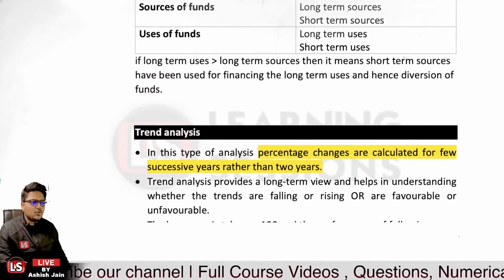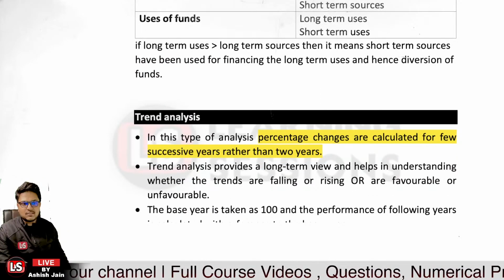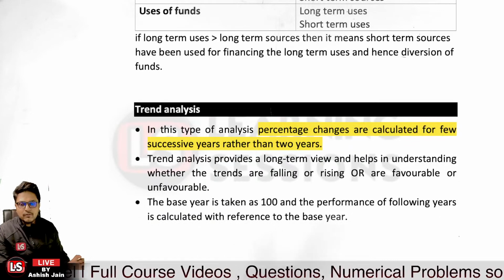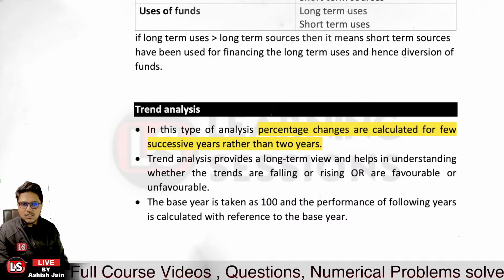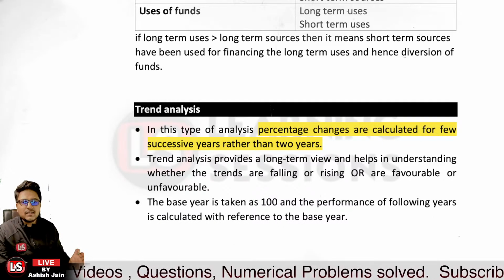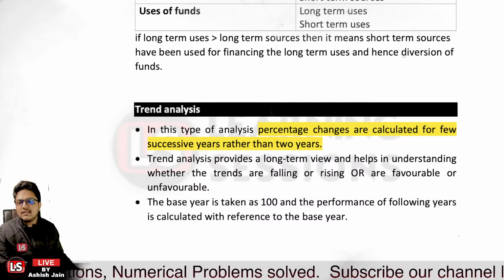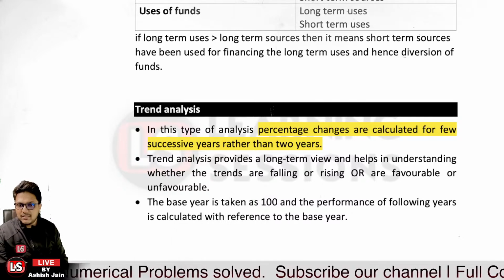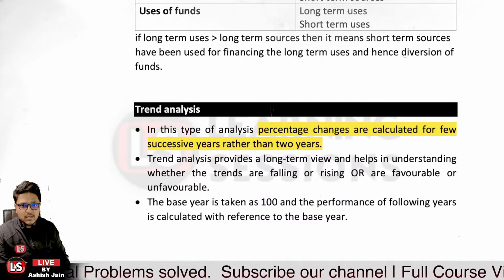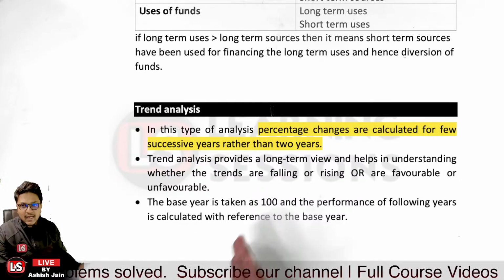After that, it is related to the trend analysis. When we talk about trend analysis, percentage changes are calculated for successive years rather than just two years. So rather than considering two years, you consider multiple years, and further you check the trend.